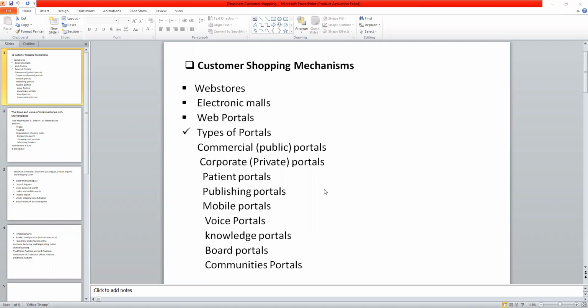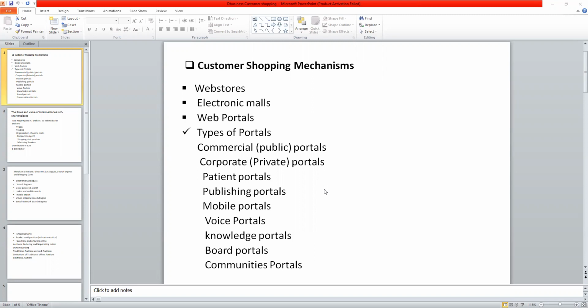Products by companies such as Microsoft's Tellme offer access to the internet from telephones, as well as tools to build voice portals. Knowledge portals enable access to knowledge by company employees and facilitate collaboration between them.